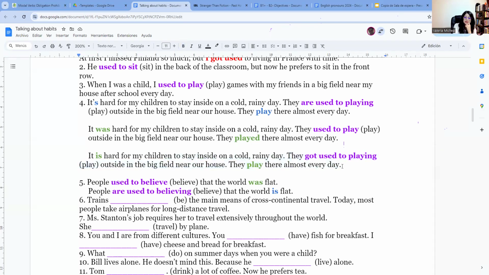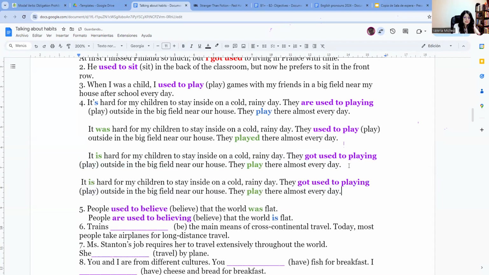Thank you, Nicole. Let me copy it, because now with the past form, it's correct. It makes sense. But also we can say they are getting. It is hard now for them to stay inside because they are getting used to playing outside. So it's a new habit that they are acquiring.